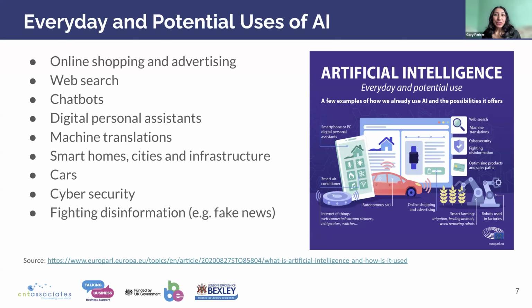So here are a few examples of everyday and potential uses of AI. So AI is almost everywhere nowadays. It's integrated into almost every aspect of our daily lives. And we can find it in online shopping and advertising, web search.